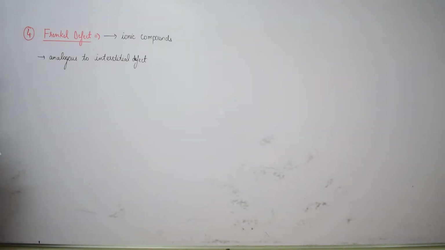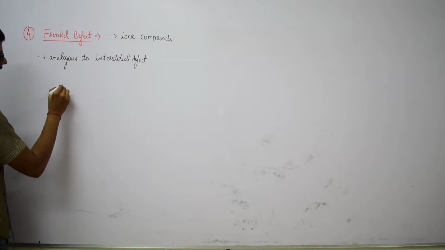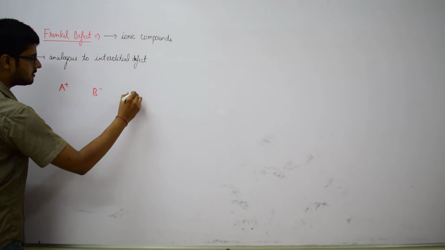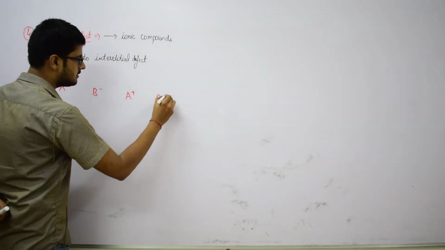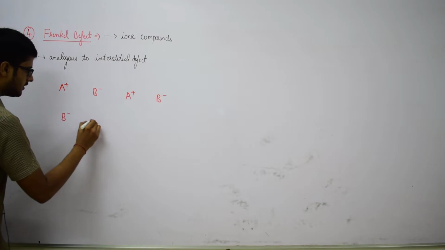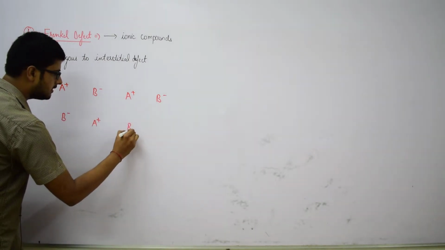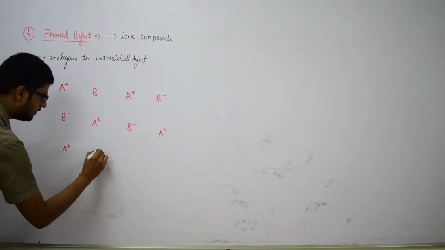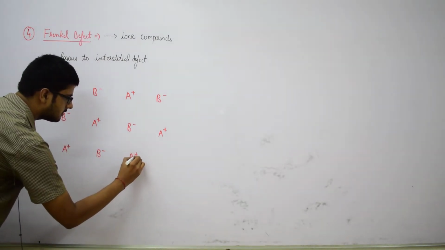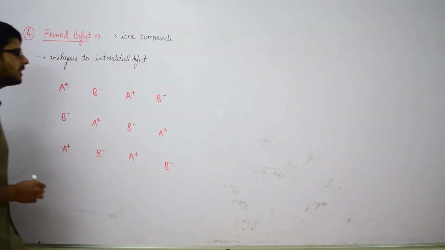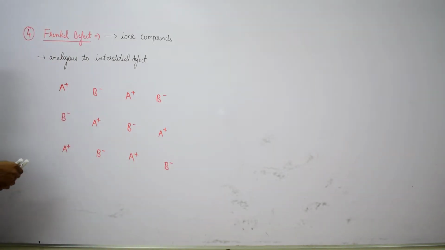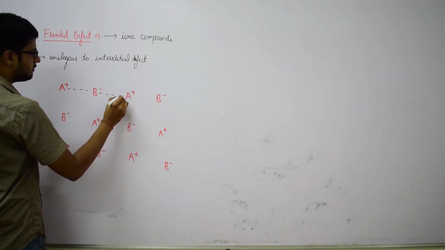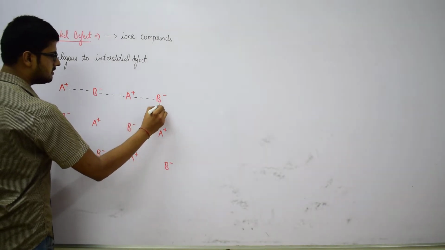So, let us again consider an ionic crystal made up of cations A plus and anions B minus: A plus, B minus, B minus, A plus, B minus, A plus, A plus, B minus, A plus, B minus. This is the ionic compound made up of cation A plus and anion B minus, and again they are linked by electrostatic force of attraction, which is shown by dotted lines.